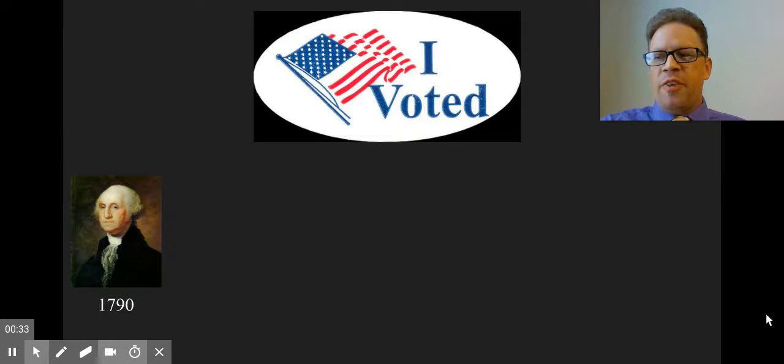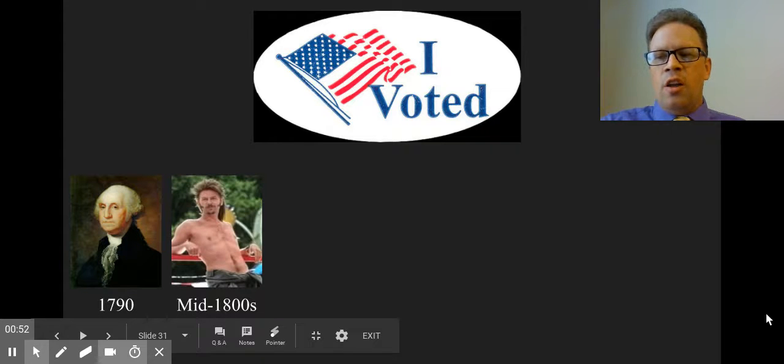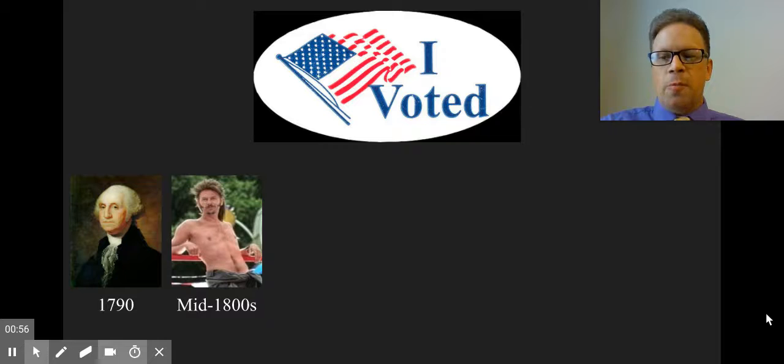At the founding of the country, suffrage was actually reserved almost exclusively for adult white males that owned property. So if you weren't a white male with property, you couldn't vote at the beginning of our country. By the mid-1800s, nearly all white males in every state had earned the right to vote, yet black men were still denied the ability to vote.